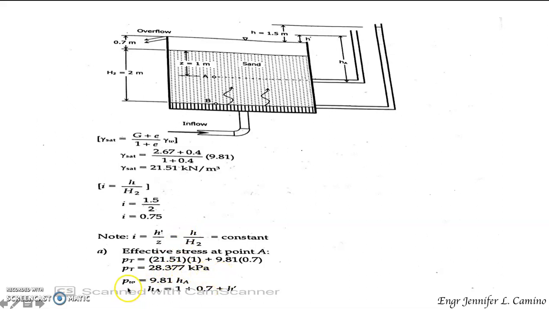And the pore water pressure, what will be our pore water pressure at point A? So that will be 9.81 times the height of the water, which is 0.7 plus 1. This is connected to this standpipe, so plus h prime.